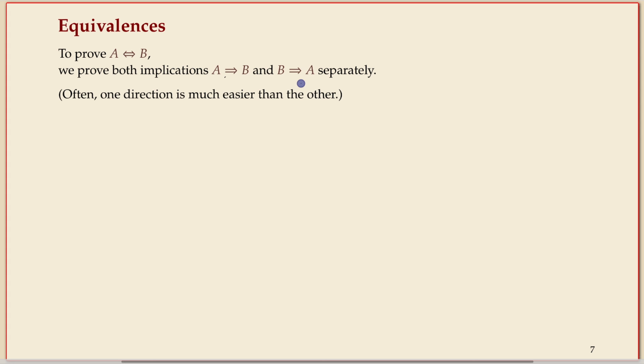And most of the time, that's the easiest way to go about it. It makes the proof twice as long, maybe, at least logically, but usually it's much easier to prove an implication than to directly prove an equivalence. So whenever you see an equivalence and you're asked to prove it, your automatism should click in and say, okay, I have to prove two implications instead.